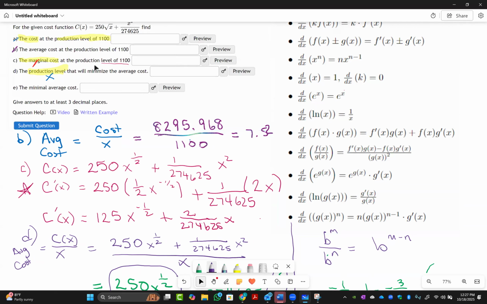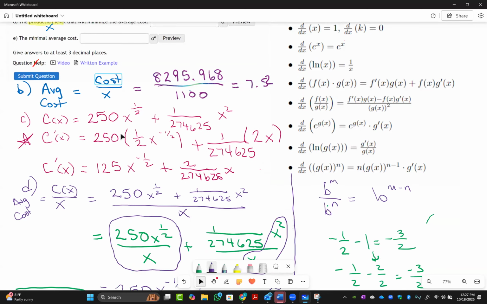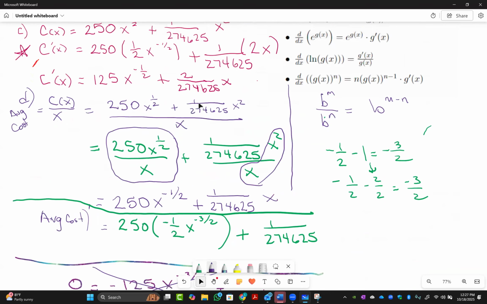So what does that mean, minimize the average cost? Find a derivative. Of the cost? The derivative of the average cost. Right. Take the derivative of the average cost and do what? And set it to 0. Right. And that's going to tell us what X is, which is what we did. We took the derivative.